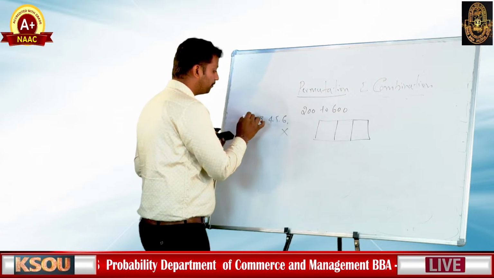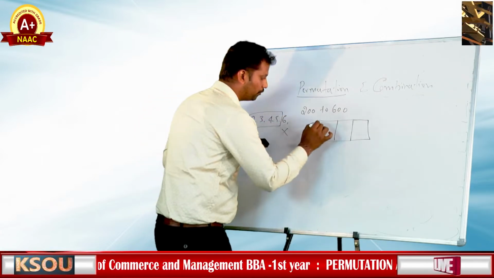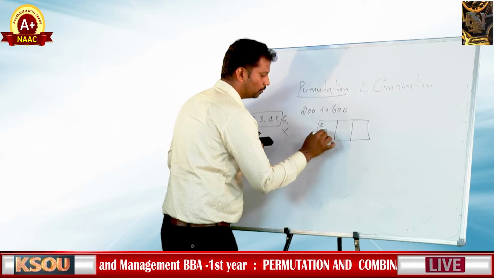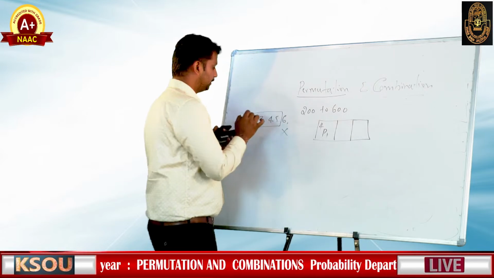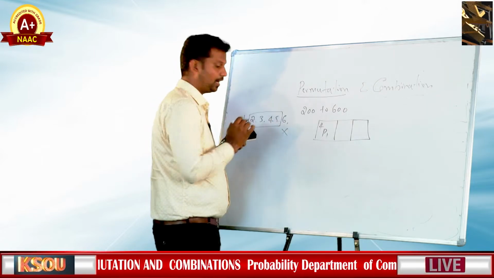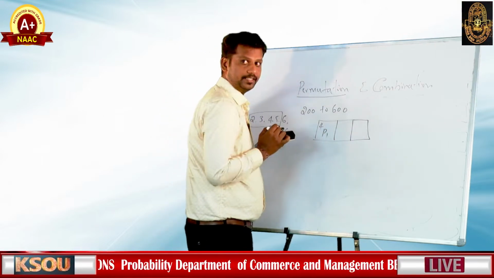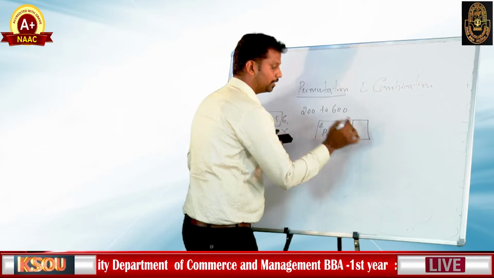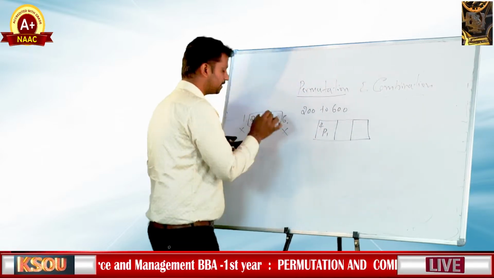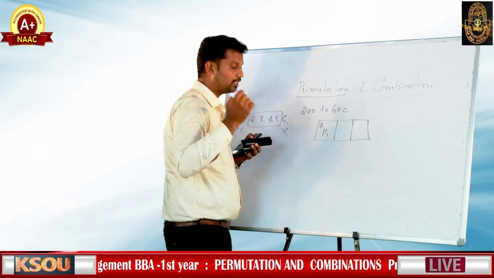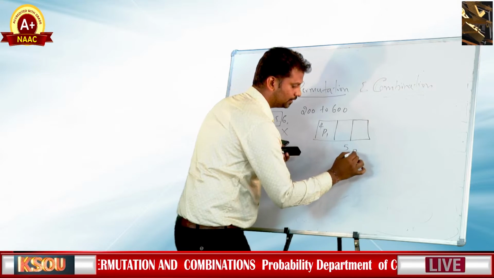Out of the remaining numbers, out of 4 numbers we can take 1 number, that is 2, 3, 4 and 5. For the remaining 2 digits, out of 6 digits we already took 1, so out of the remaining 5 digits we can take 2.